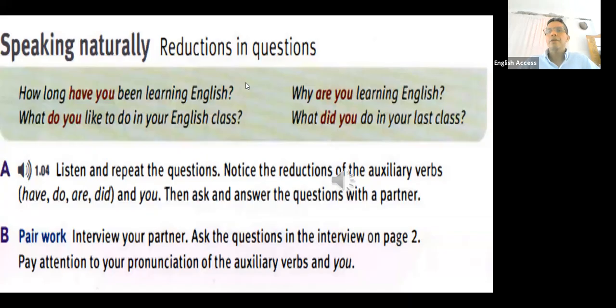Give me just 1 second, please. All right, here you go, please. You can take a screenshot so you can practice together with your partner.